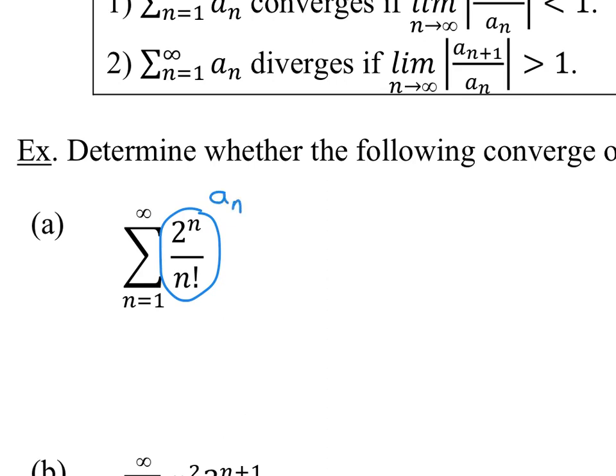A sub n plus 1 is just the next term in the series, really. So I'm just replacing all my n's with n plus 1s. So 2 to the n plus 1 over n plus 1 factorial.